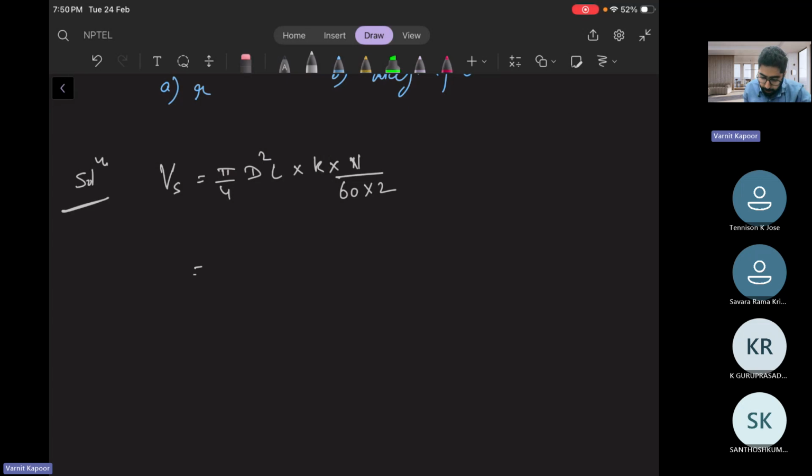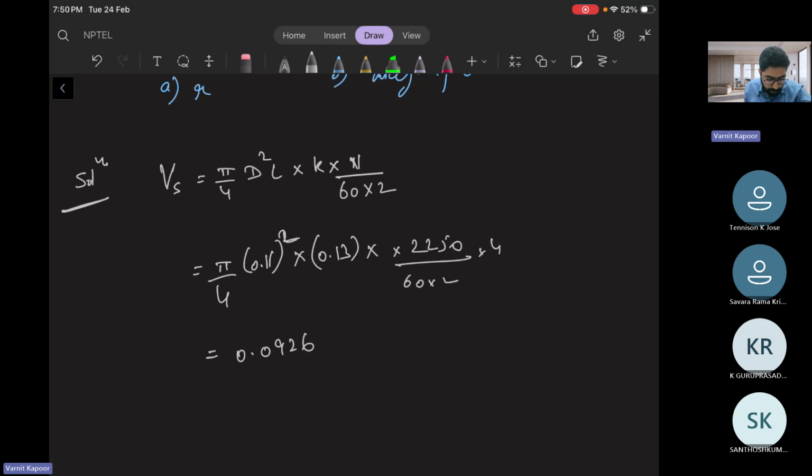From here, if you put all the values, pi by 4, bore is given to be 11 centimeter, 0.11 squared, length is given to be 13 centimeter, into 2250 by 60 into 2 into 4, it will come out to be 0.0926 meter cube per second, the swept volume rate.